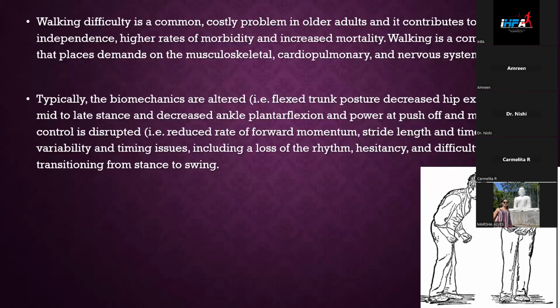From mid to late stance, there is a decrease in plantar flexion and the power of push off, and the movement control is disrupted. Because of this gait, the stride length, the momentum, the timing, the coordination and the rhythm are lost, and the person is hesitant and finds it difficult to transition from the stance to the swing phase because of the balance issues. So these are the biomechanical changes which happen in a festinating gait. When you start doing the gait assessment, these are the changes you have to note, find, and then find the correct answer to it.